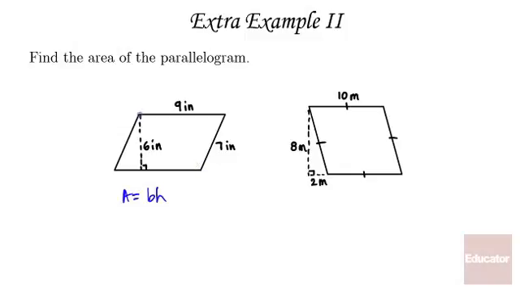I have to make sure I measure it perpendicular, straight up and down. So the base is 9, and the height is 6. So the area is 54 inches squared.